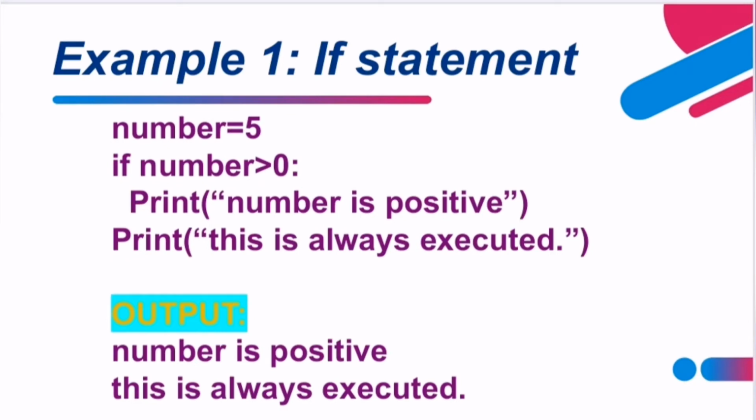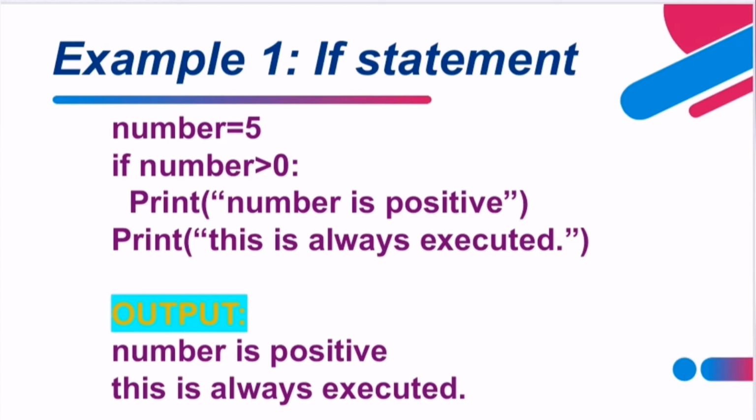Now we will see one example based on the if statement. Let's start with a simple example. So here you can see number equal to 5. If number greater than 0, then colon. This is the syntax, you write according to the syntax, and then print number is positive. There is no else part.